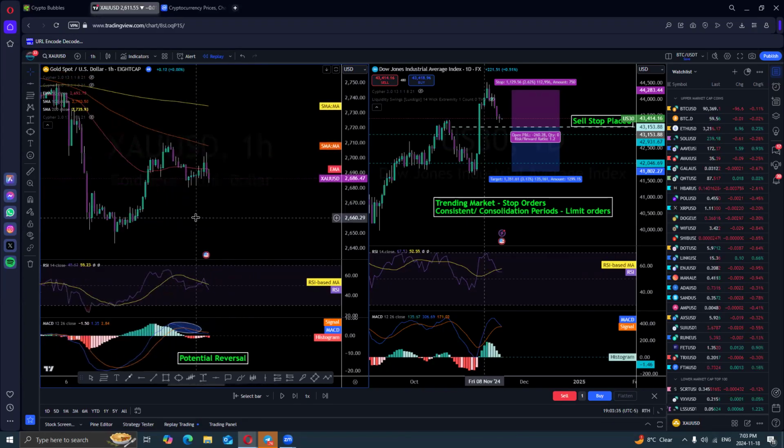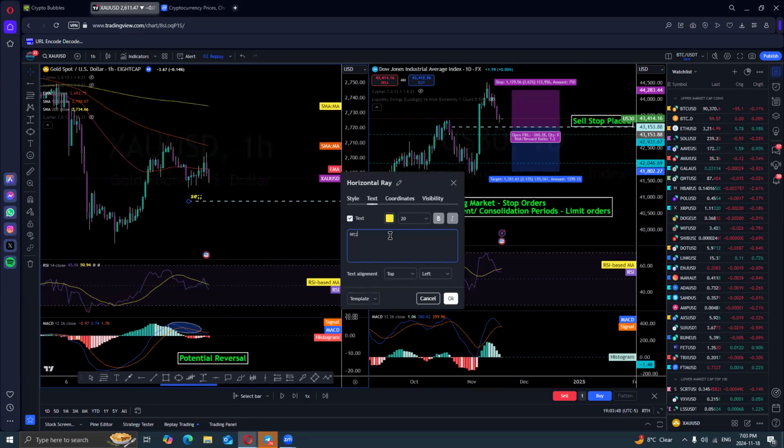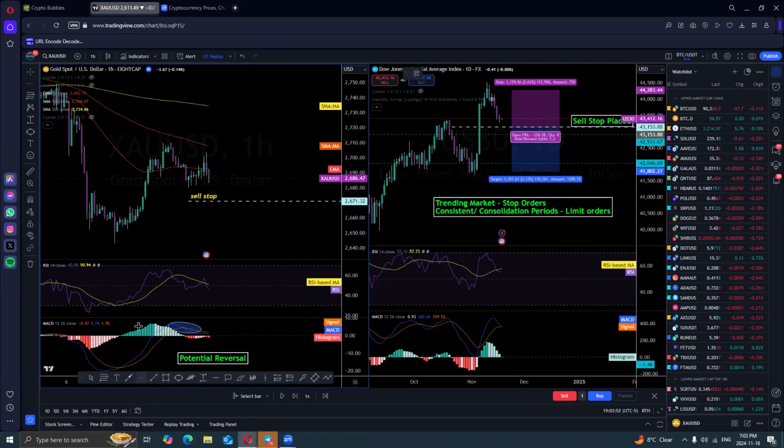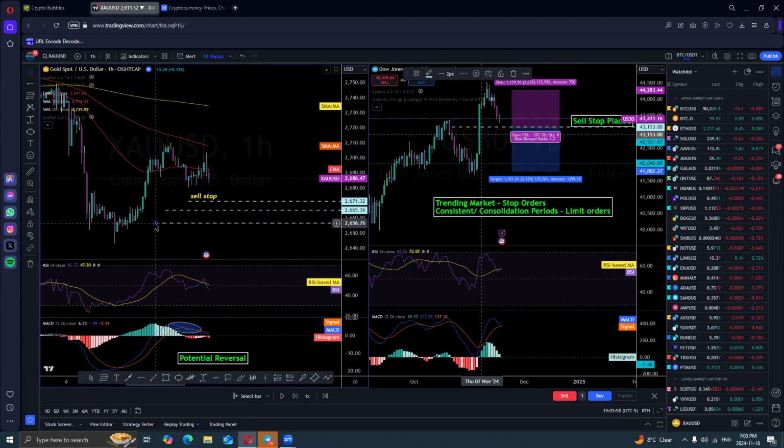What are we gonna do? We're gonna place a sell stop order. Okay, let's place a sell stop order below the previous low. So the previous low is right here. We'll place it right here. Sell stop. And then let's place take profit number 1, take profit number 2, take profit number 3.